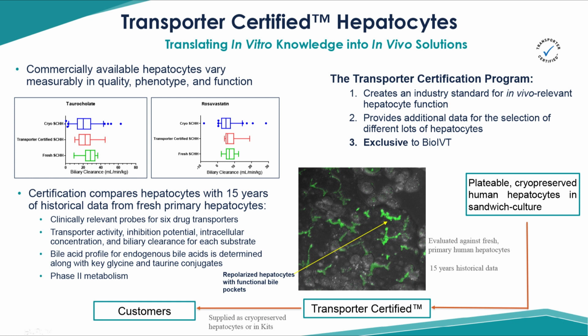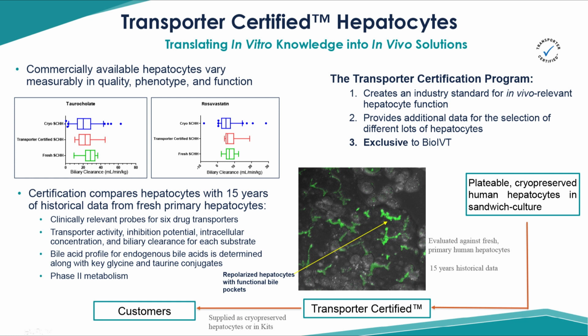In addition, we looked at the bile acid profile for endogenous bile acids, because hepatocytes, one of their primary functions is to synthesize bile acids. There's 2 primary ones, and then they're conjugated with both glycine and taurine. And we developed conditions for our hepatocytes where you get the right ratios of the various bile acids.